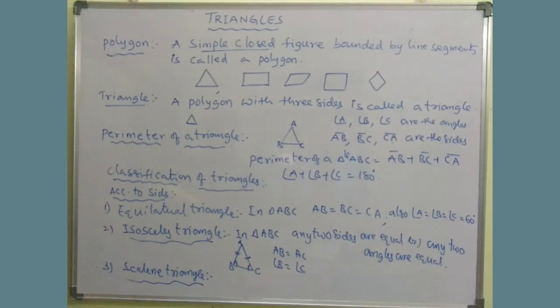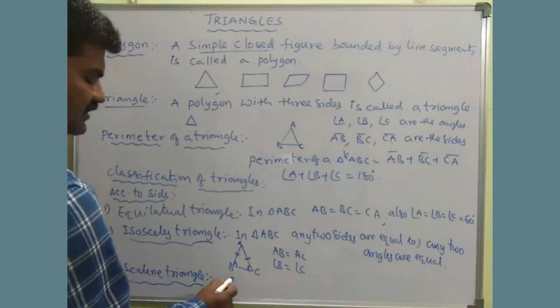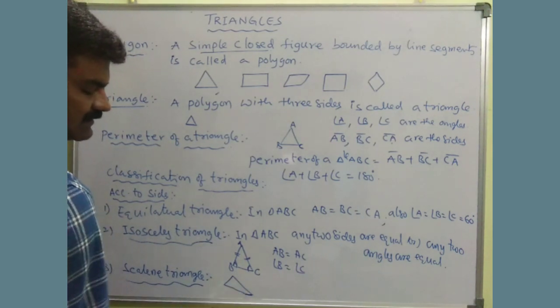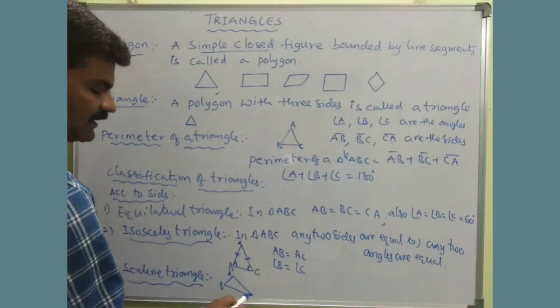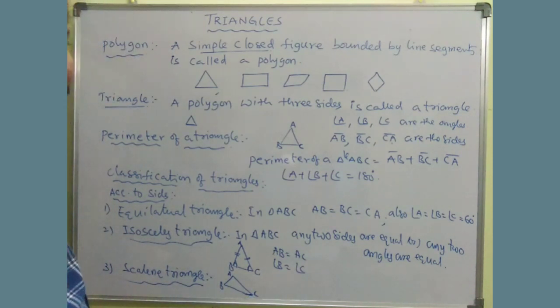And in a scalene triangle, no two angles are equal either. So suppose this is the triangle. No two sides are equal, no two angles are equal. I mean, all the three sides are of different lengths, as well as all the three angles are of different measures. Hence, such a triangle is called a scalene triangle. So this is the classification of triangles according to the sides.